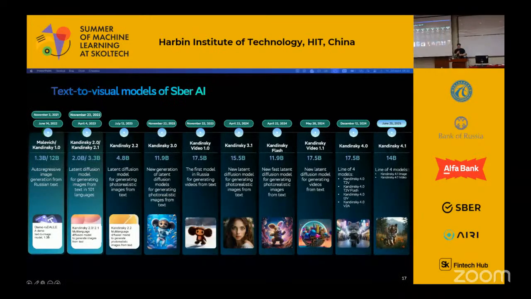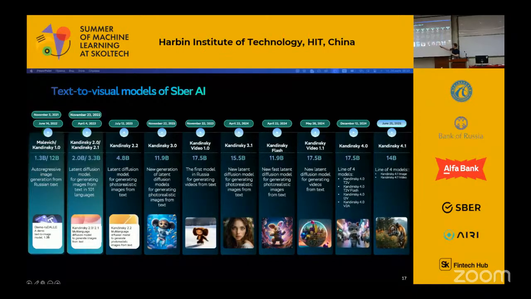If we talk about Kandinsky, we are developing the architecture for quite a long time. We started from 2021. We were inspired by DALL-E, actually, and after that we went on developing Kandinsky.